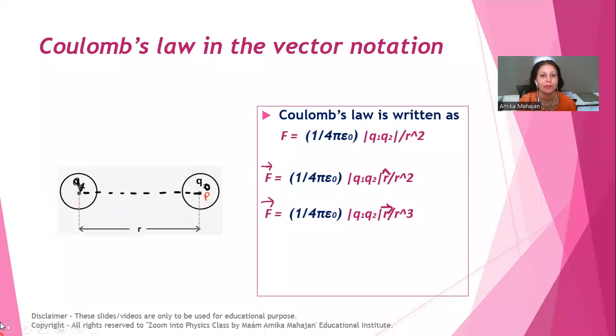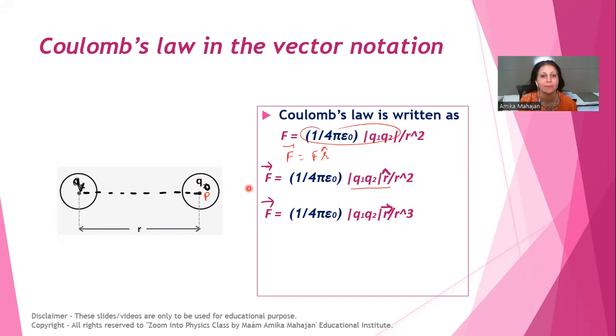Now, if I have to convert it in vector form, what I have to do? I have to multiply this magnitude by a unit vector. So F vector will be magnitude of F multiplied by unit vector. Which unit vector? It is the unit vector along the line joining Q and Q naught. That means R cap. So I multiply this magnitude with R cap.